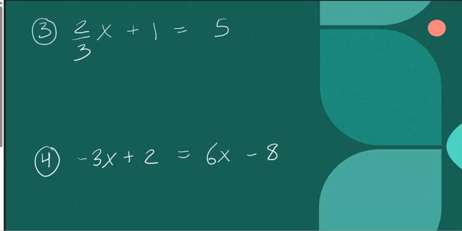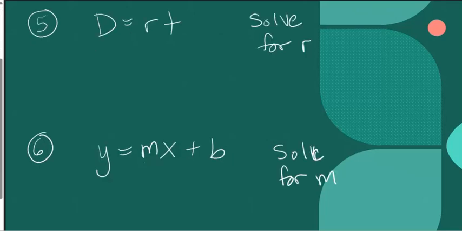Let's look at a couple more. Now, you'll notice that these equations don't have numbers. And that's really where solving equations comes in handy. So if you're ever taking a chemistry class or a physics class or calculus, it's going to be really helpful to be able to manipulate a formula.